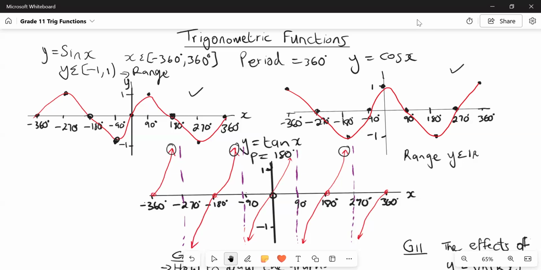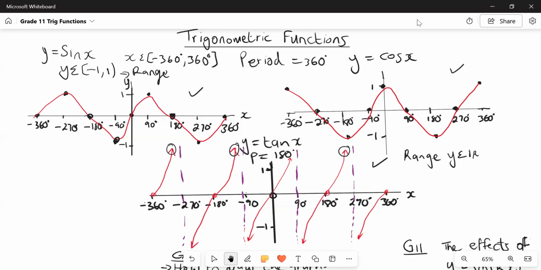For sine, the period is 360 and cos. And for tan, I didn't mention that part. The period of tan is 180 degrees, right? And these are the original graphs of sine, cos, and tan, where you're given the domain, the range, as well as the amplitude.